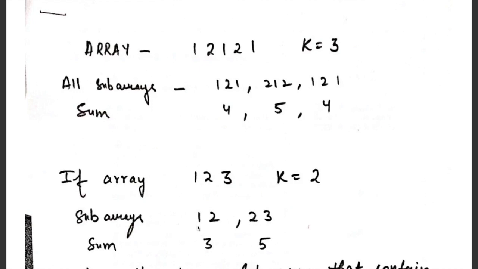If you include 3 in this sub-array, then 2 will be left out or 1 will be left out. And if you try to include 1 in here to make the sum equal, then either 2 will be left out or 3 will be left out. These two cannot have the same sum, as these two cannot have the same numbers.